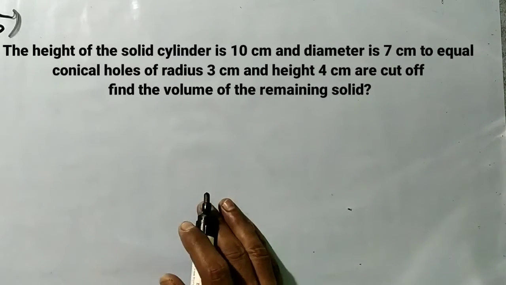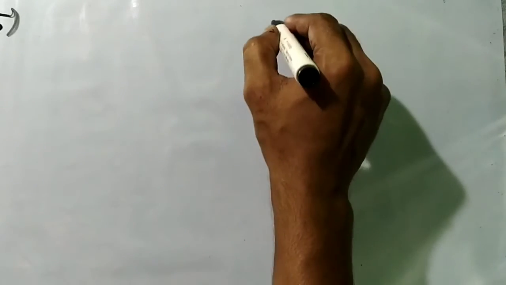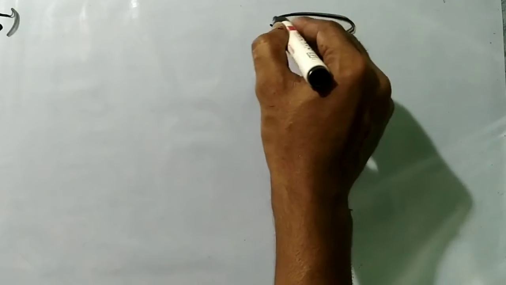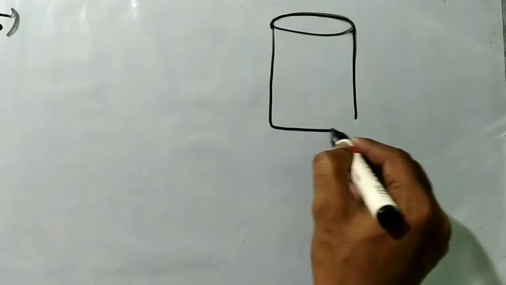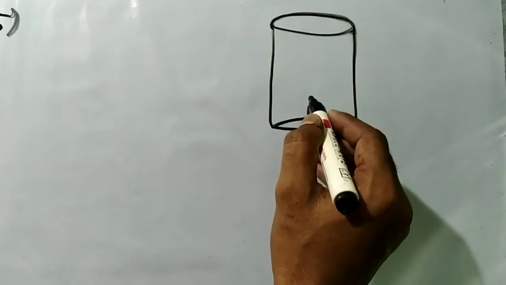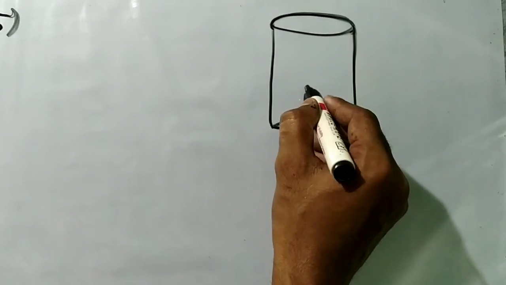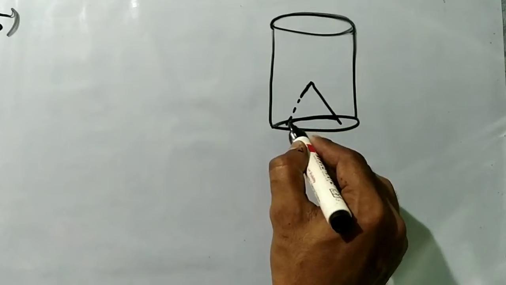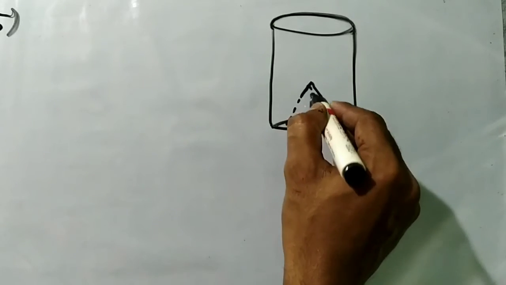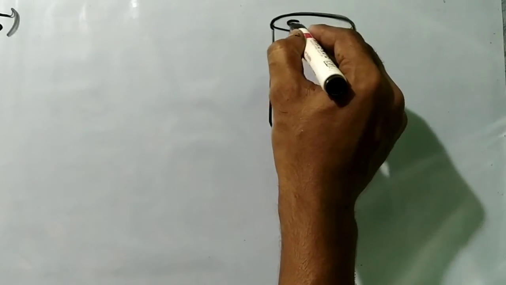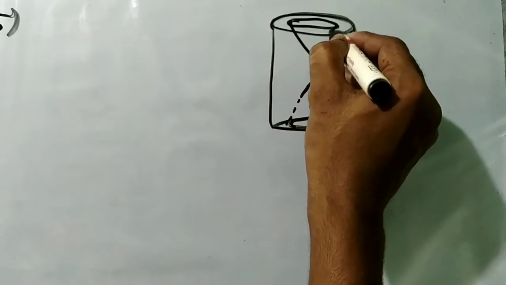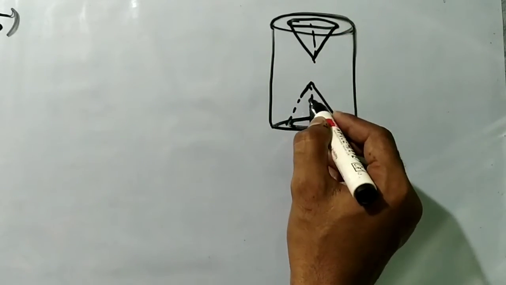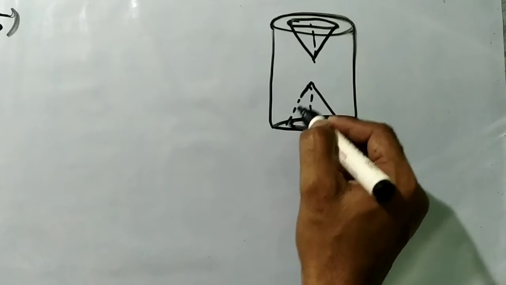They have given that there is one cylinder. Let us think this is the cylinder. They made two holes which are in conical shape. So when we make a hole, the material will be removed.